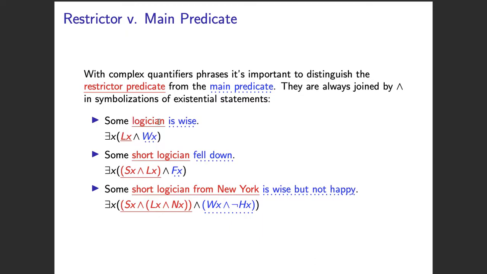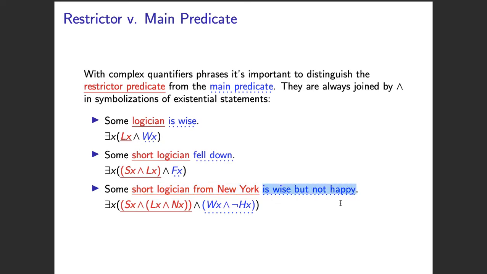So here we have some logician is wise, but then you can have some short logician fell down. Now the restrictor predicate is short logician, and the verb phrase is fell down. Or to make it even more complicated, some short logician from New York is wise but not happy.